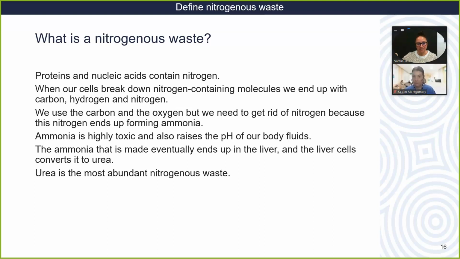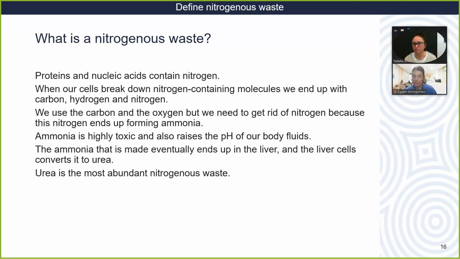So we need to get rid of this. Now, ammonia floats around and then eventually ends up in the liver, and the liver converts the ammonia to urea. Now, urea is what ends up in urine. The major nitrogenous waste is urea, and that's the one that we filter out, and out it goes in the nephron.